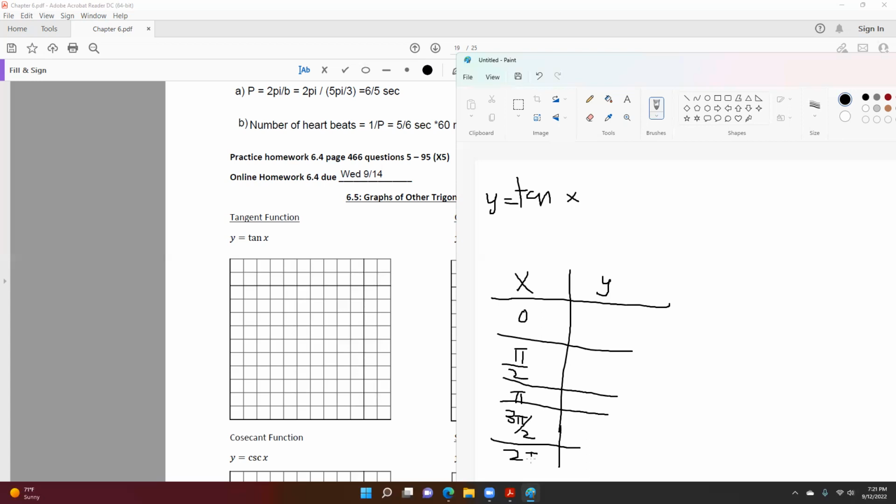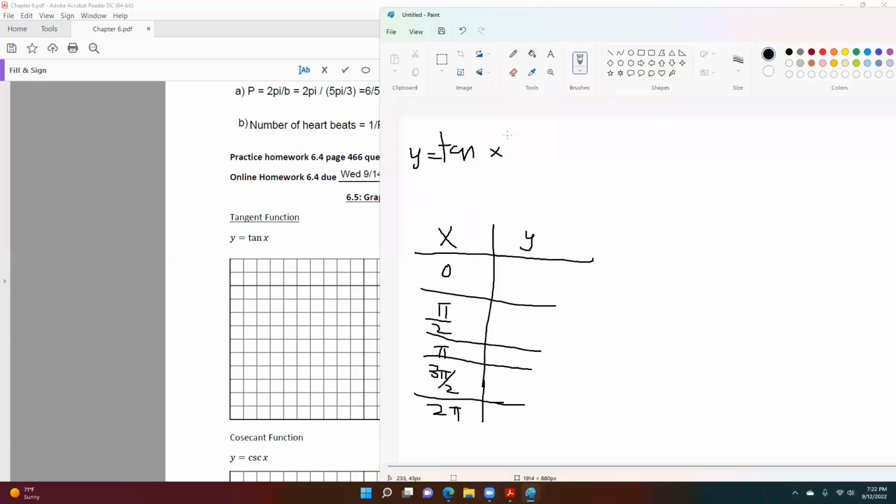So what you need to do, class, is take out your unit circle and look at y over x. The first one we have is tangent 0 degrees. Anyone? It's 0, yes. Because y over x in this case is 0, right?